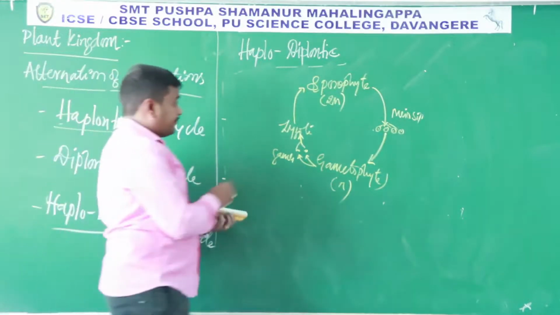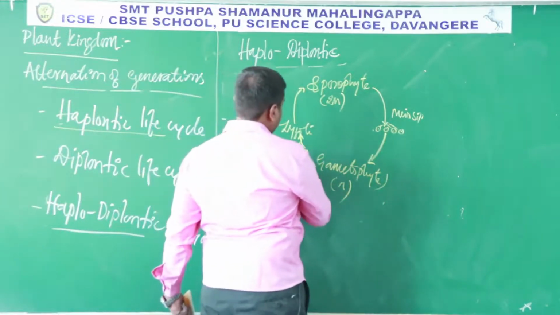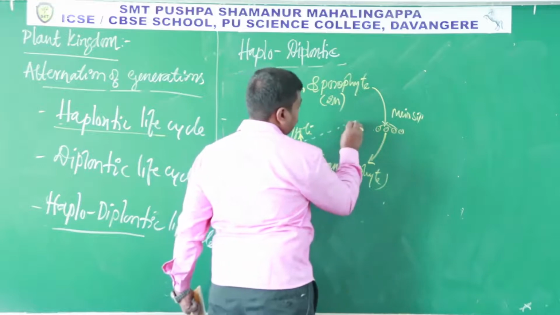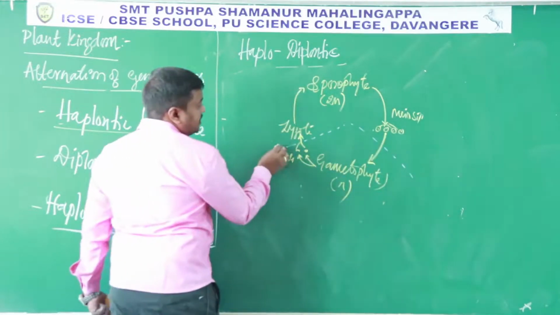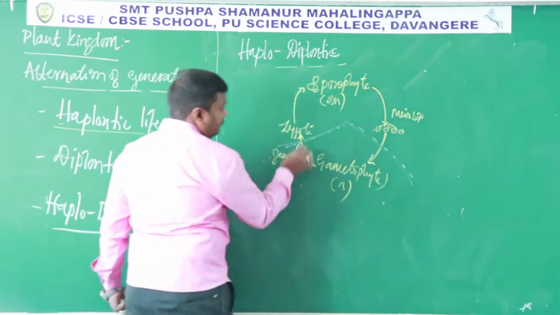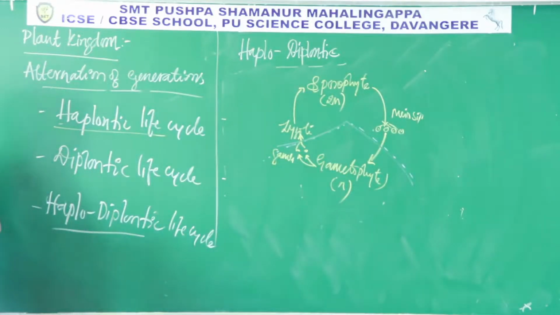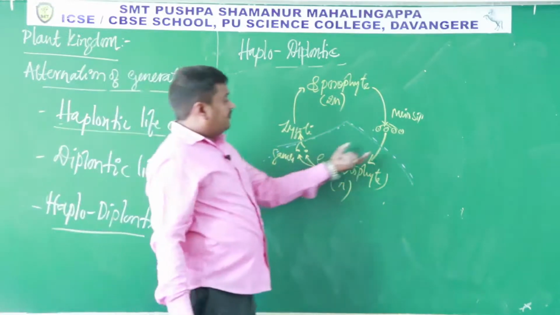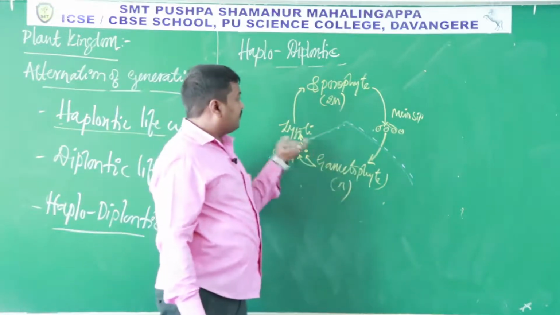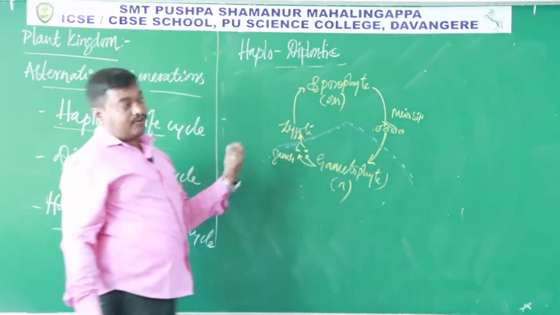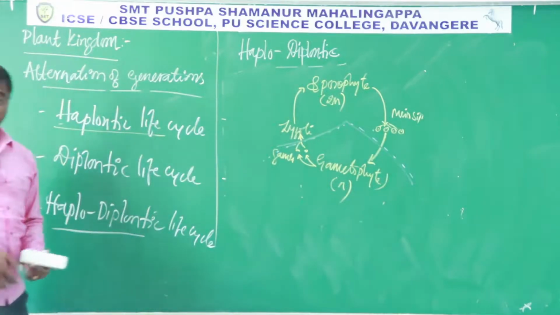So here, see, this portion represents gametophyte and this represents sporophyte, like a 50-50. Okay, 50% of the life cycle for gametophyte, 50% of the life cycle for sporophyte. That's why it is called haplodiplontic.